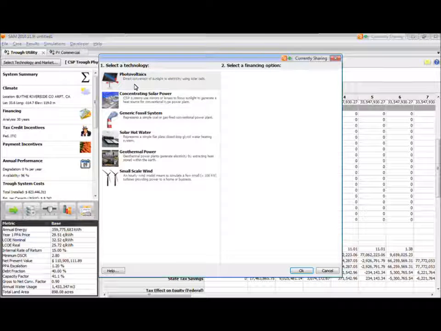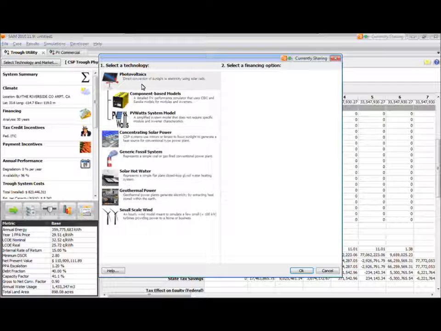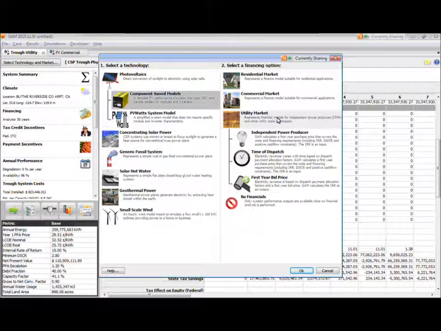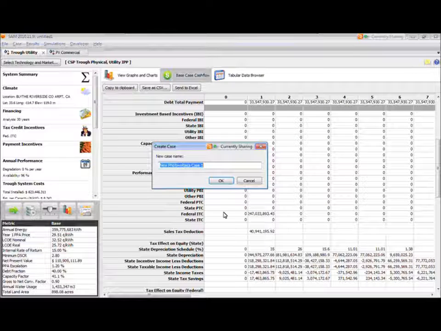And this time I'm going to do PV instead of concentrating solar power. And I'm going to choose a component-based model here instead of PVWatts, so that you can see the difference. And then a utility project with IPP financing. We'll call this PV utility.